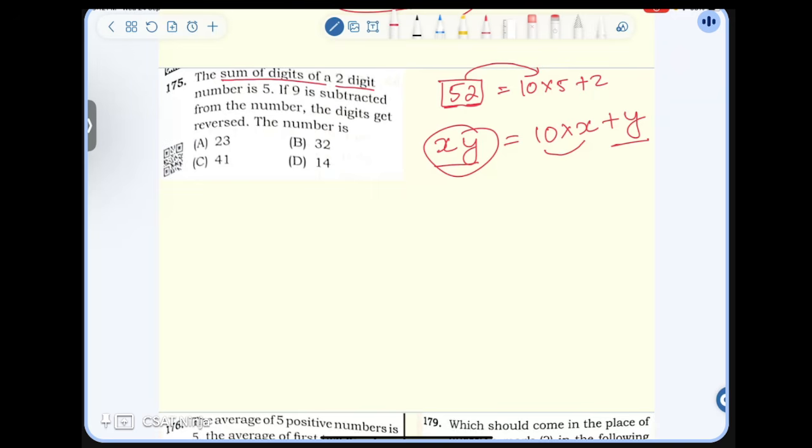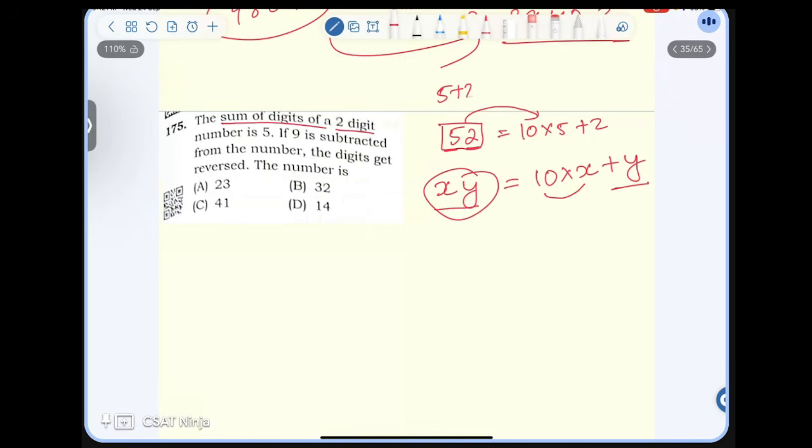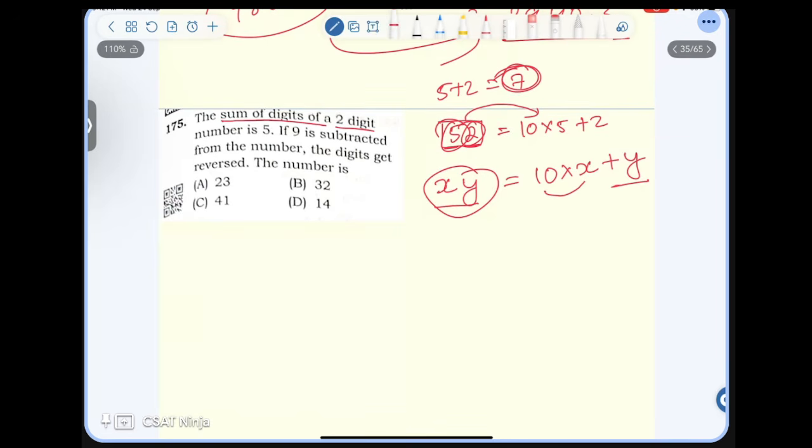The sum of the digit. If 52, that means 5 plus 2, which is 7. But in this case, the question says the sum of the digit, which is x plus y, is nothing but how much? The number is 5. That's the question number 1.